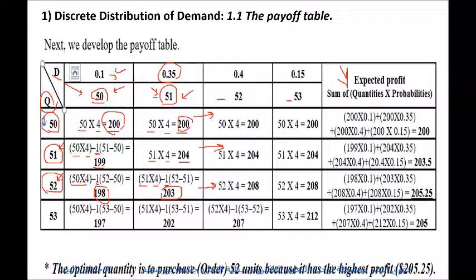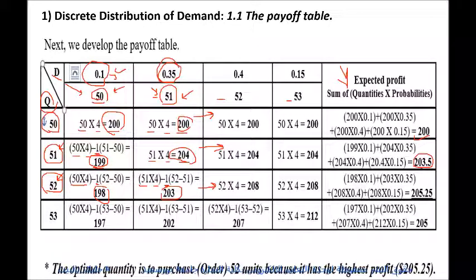The total will be 200. Here, profit 199 times 0.1 plus 204 times 0.35 and complete the rest.